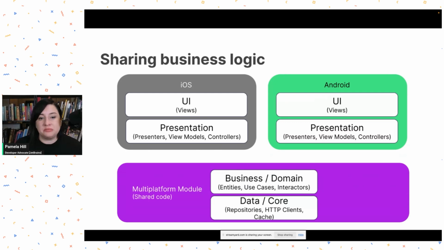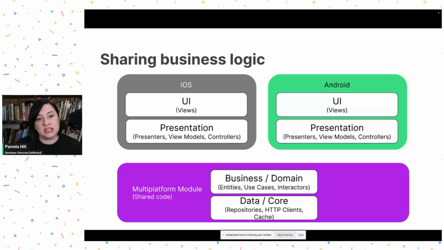But with Kotlin Multiplatform, we can have this shared layer, that purple layer, of the data and core and the business and domain layer that's shared between Android and iOS. We then only have to write the presentation and UI layers natively.